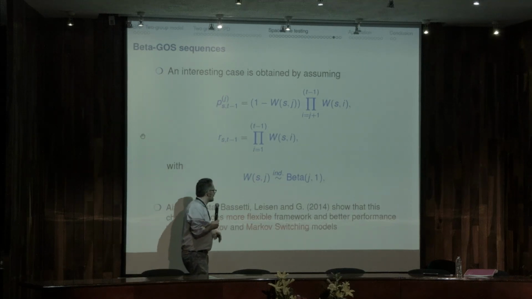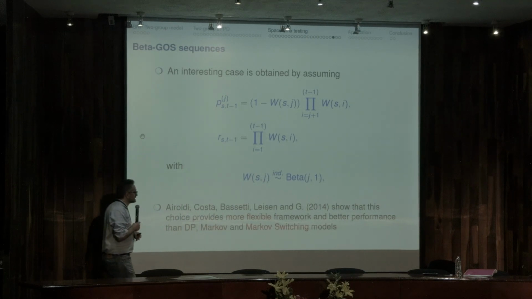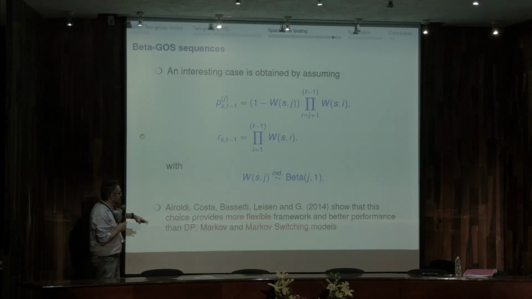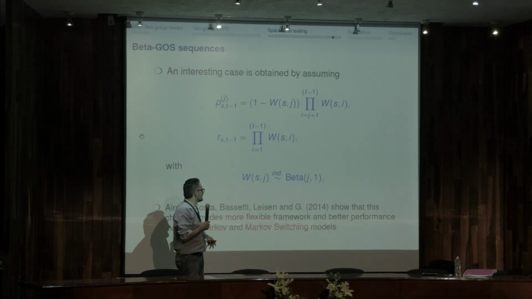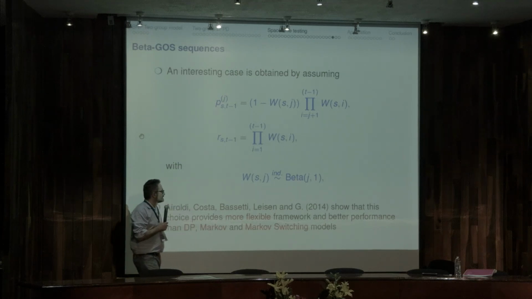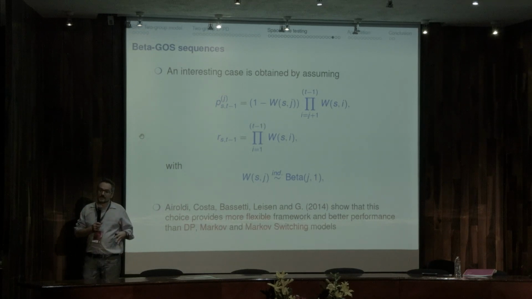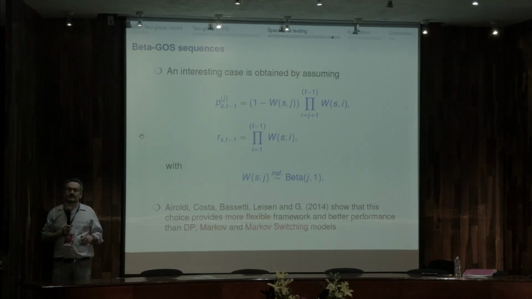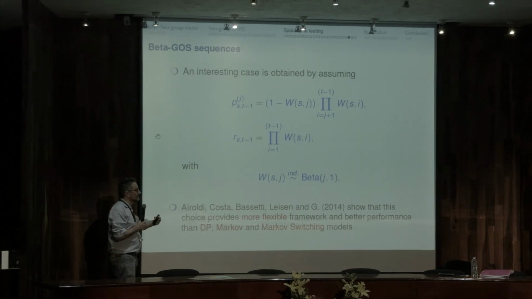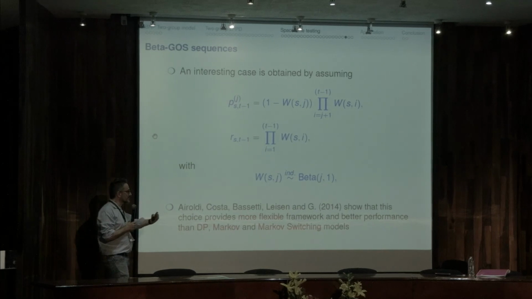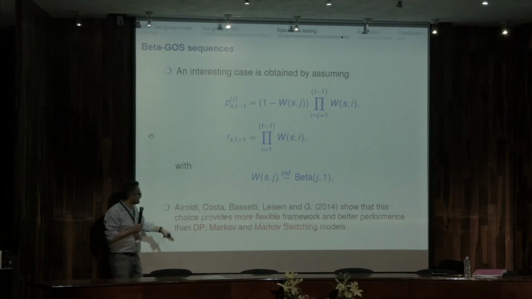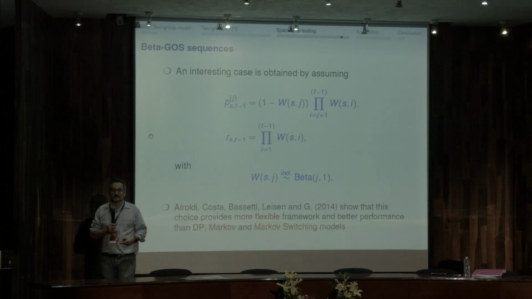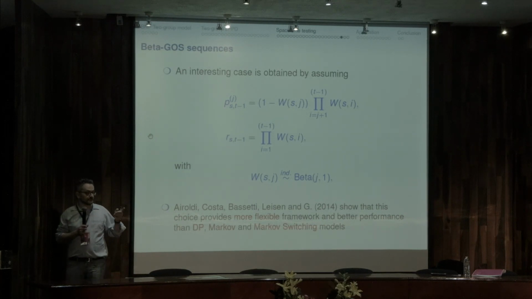This is a framework that we have already studied, and we showed that it was a good, flexible framework that provided a way to describe dependence of the observations of the time series, let's say, more flexible than Dirichlet process, Markov, and Markov switching models in some applications. Yes, I'm going to be fast.